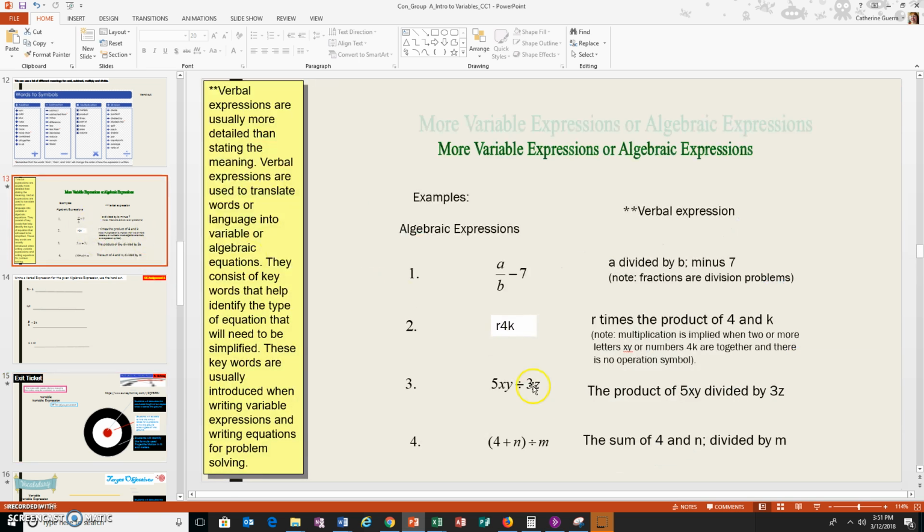And the very last one, again, we have in parentheses. So we want to say something so that you do that first, because everything in parentheses you have to do first. So we say the sum of 4 and n, because you have to get a sum first, or you could say the total of 4 and n, divided by m, the letter m.